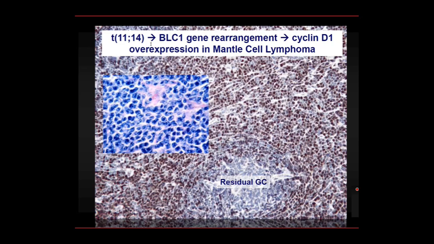T(11;14) with BCL1 is the major genetic event of mantle cell lymphoma. You are now familiar, BCL1, BCL2, BCL6, all of them cloned in neoplastic cells. So B-cell lymphoma, gene 1, 2, 6, and whatever. BCL1 is cyclin D1.